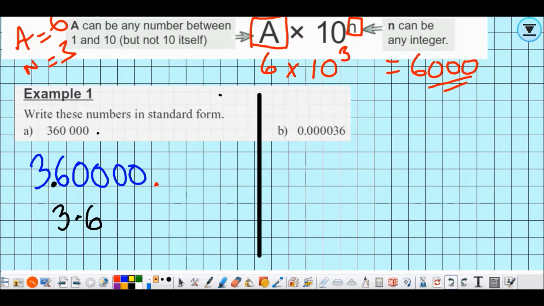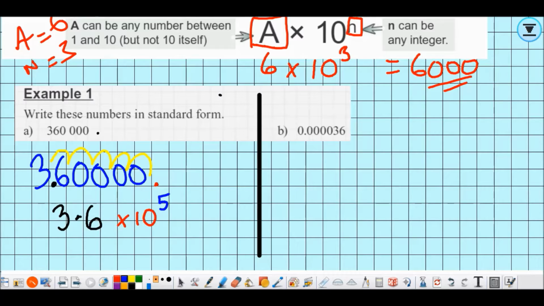So it's going to go 1, 2, 3, 4, 5 jumps, 5 spaces. So my answer for this one would be times 10, that doesn't change, to the power of 5, since it's jumped 5 times. So 3.6 times 10 to the power of 5.